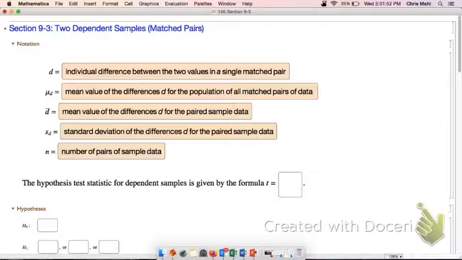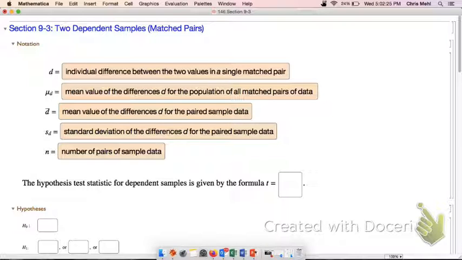So you're essentially starting with two samples coming from two populations, but since the samples are matched or dependent, you calculate the differences in each pair, thus creating a single set of data. So d bar is the mean of those differences, s sub d is the standard deviation of the differences, and n is the number of pairs of sample data, which is really the number of differences you would be calculating.